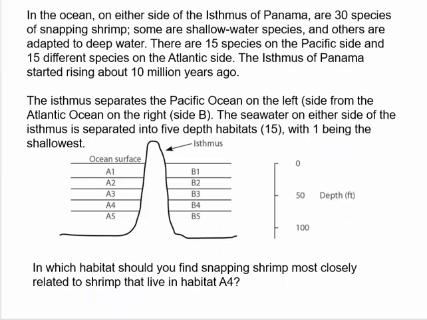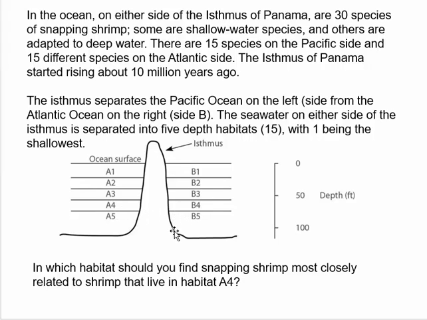All right, so think about this. And keep in mind that the Isthmus of Panama, as it arose, say it started out as flat. Let's just imagine that. And it's going to get taller and taller over time to the point where it finally is breaking the surface and creates a complete barrier to all of these. Now, in this question, we have these snapping shrimp that occur at different depths.